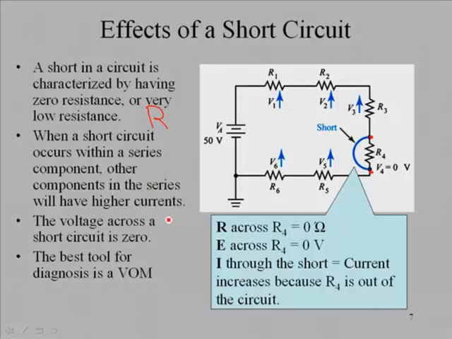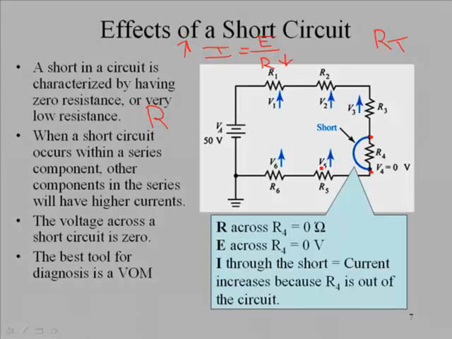In this entire circuit, I'll put an RT here for the total resistance. Remember that current equals voltage divided by resistance. Now if this component shorts, the total resistance is going to decrease, and so the current in the circuit will increase.